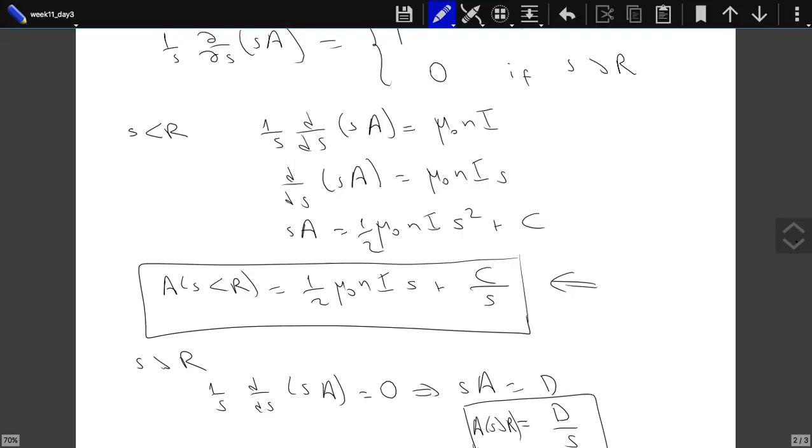Well, I cannot set D equal to 0 because, you see, the A field satisfies the continuity condition also. It has to be continuous. And that tells me that D cannot be just arbitrary. It should be equal to this coefficient times R squared.